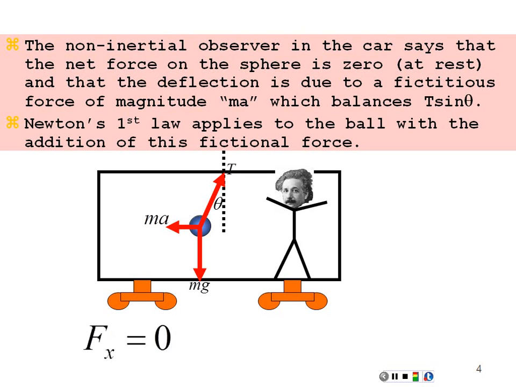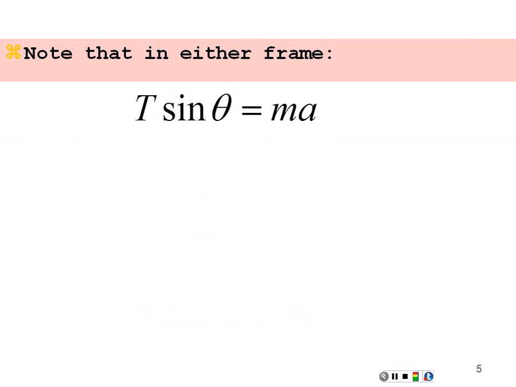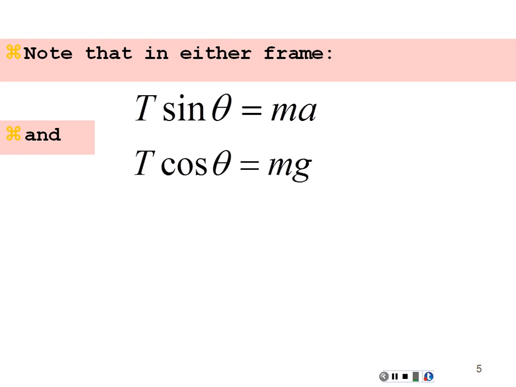So based on that, you apply Newton's first law, that for a stationary object, this T sine theta that's going this way is being offset by mass times acceleration this way, ma, and that's why this ball is stationary as you see it. Based on that, you would say in either frame that T sine theta is equal to mass times acceleration, and you would say T cosine theta is equal to mg.